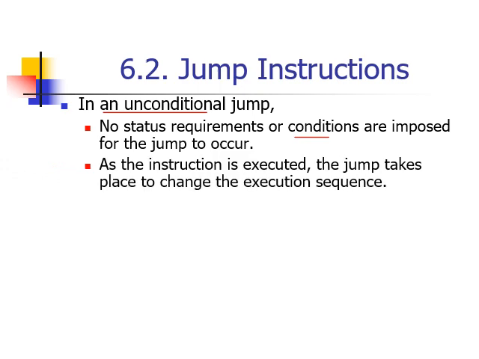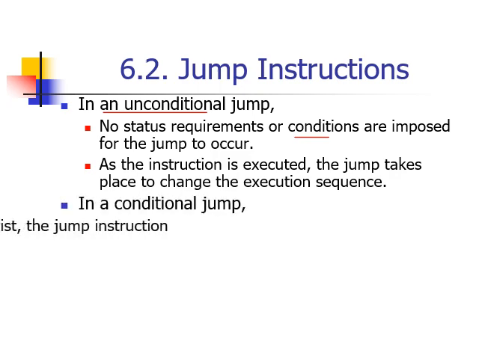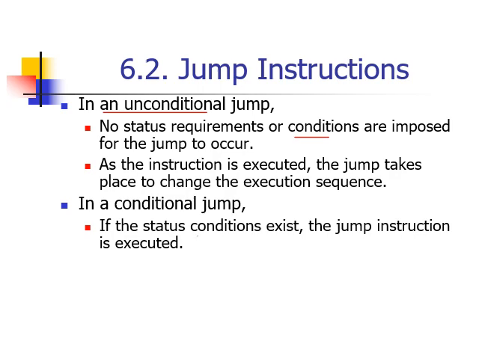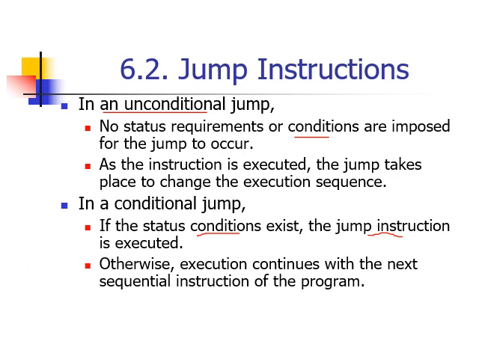You jump for the sake of jump. While in a conditional jump, there should be some condition you check before you jump. So your jump instruction is not going to be executed unless the condition is met. Otherwise, you don't jump. You go to the sequential instruction, the instruction whose turn comes.